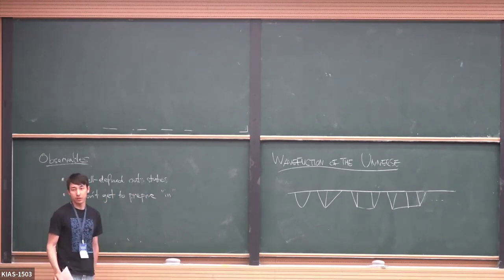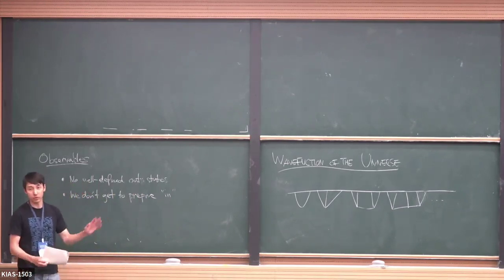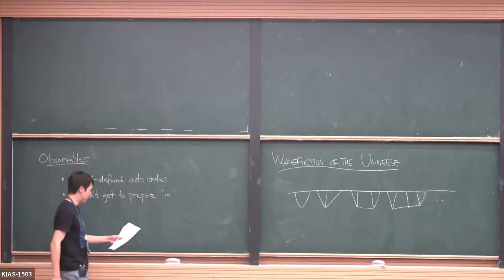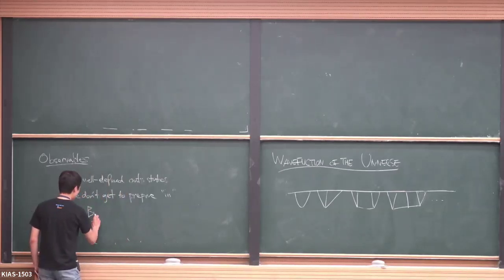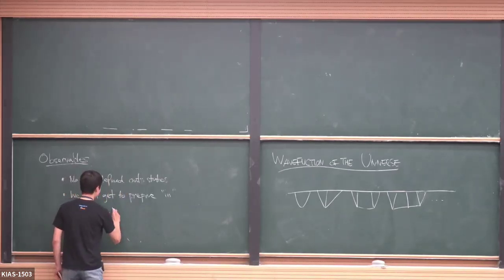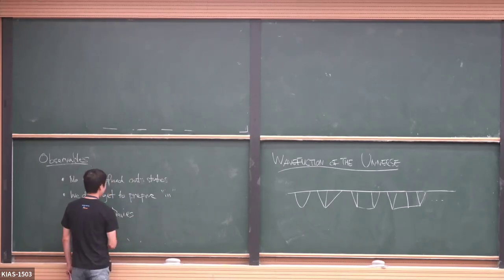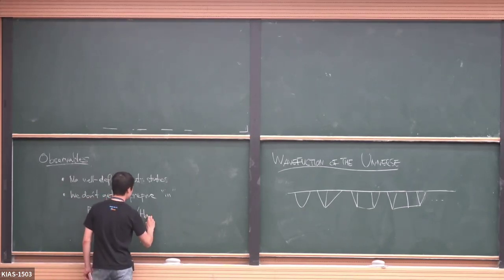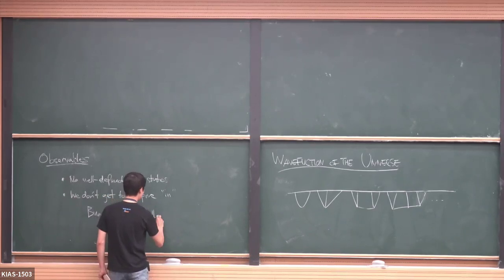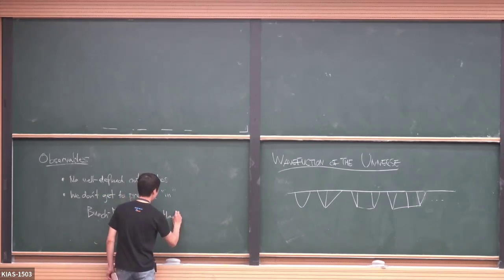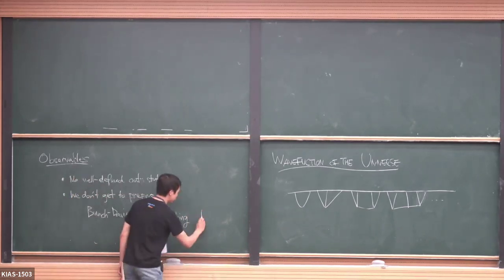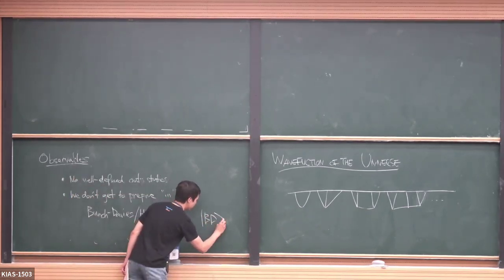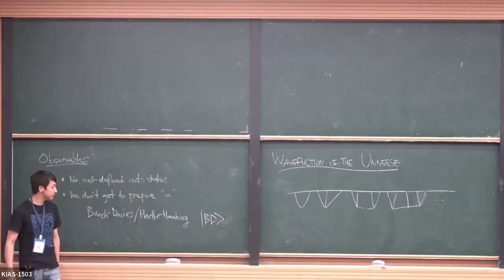However, it turns out that there's a natural and distinguished in state we can choose in cosmology, and this is the so-called Bunch-Davies or Hartle-Hawking state, denoted by BD.